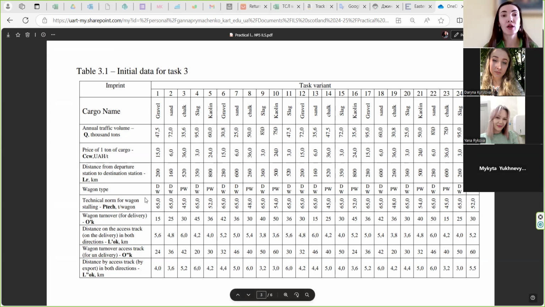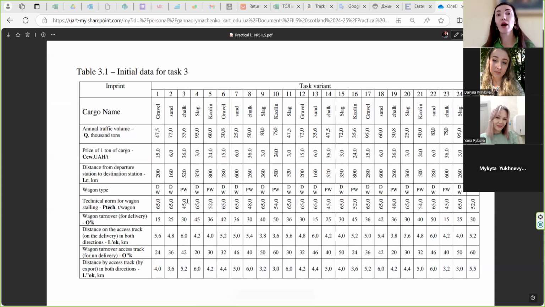For example, if you have first variant, it is wagon type DW. If you have second variant, also the same type of wagons. If you have third variant, it is PW, the platform wagons. Please find the category of wagons for your variant. It is by the first letters.